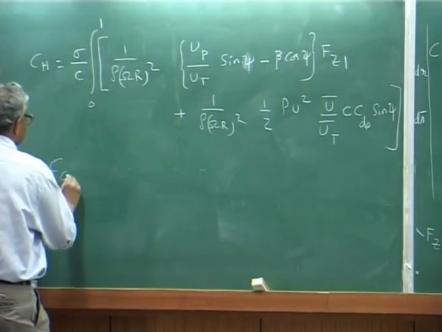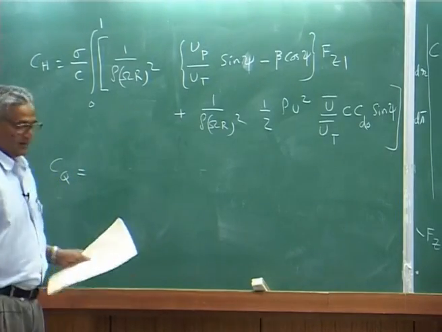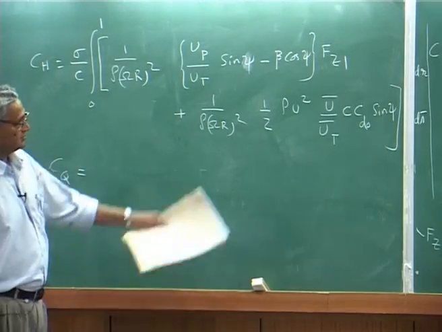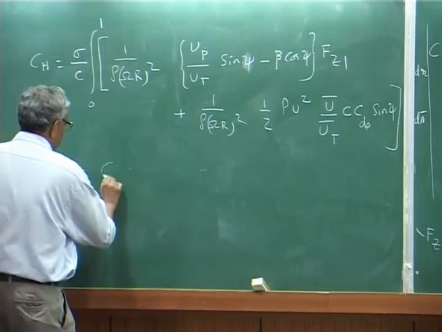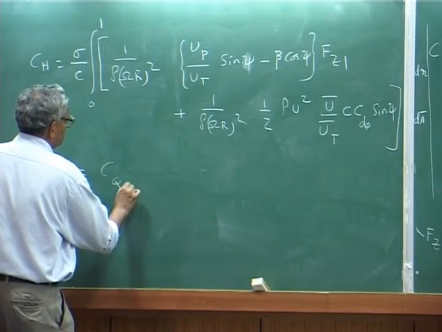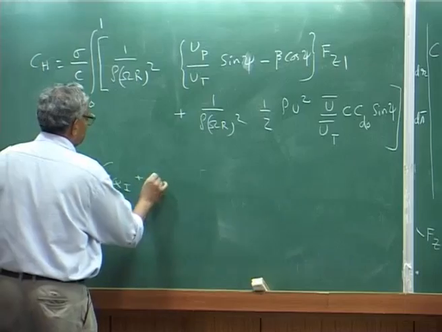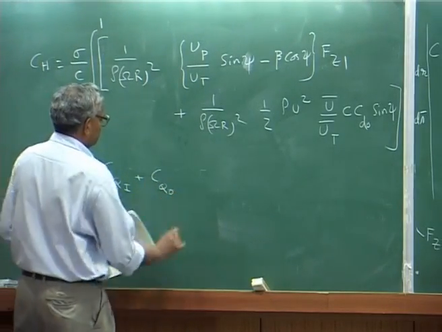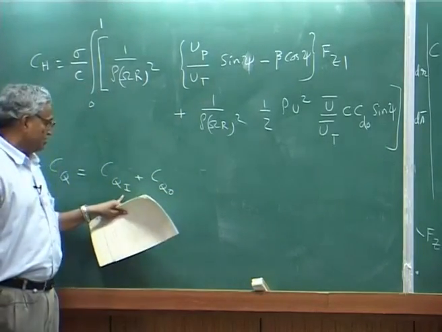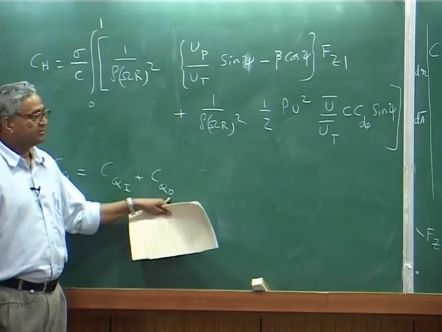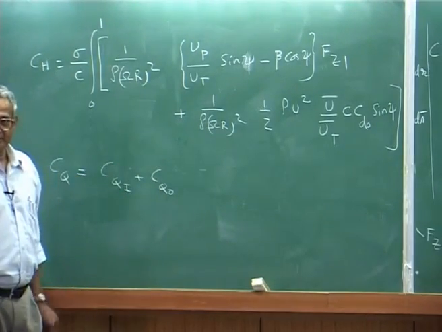You write your CQ has two components, one due to induced, another due to profile. I is induced, 0 is profile.